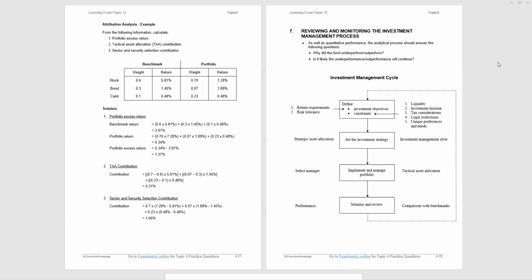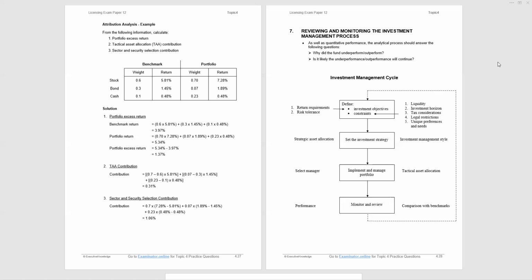The actual returns achieved were 7.28 as opposed to the benchmark 5.81, so we did better stock selection. Bonds returned 1.89 as opposed to 1.45, and cash 0.48, same as predicted in the benchmark.